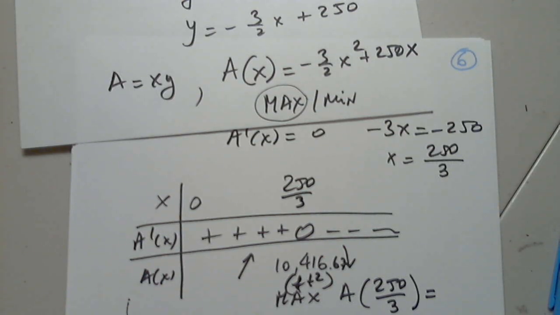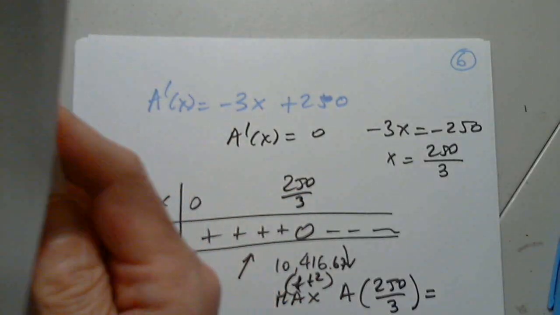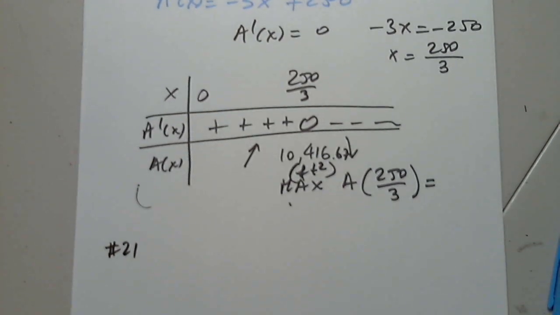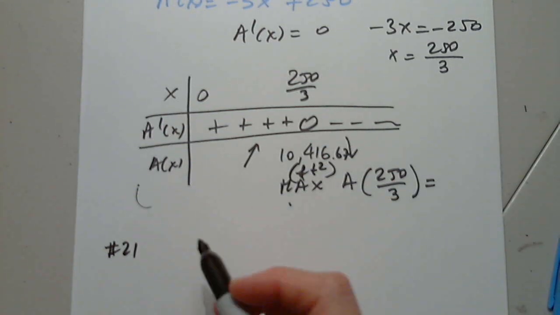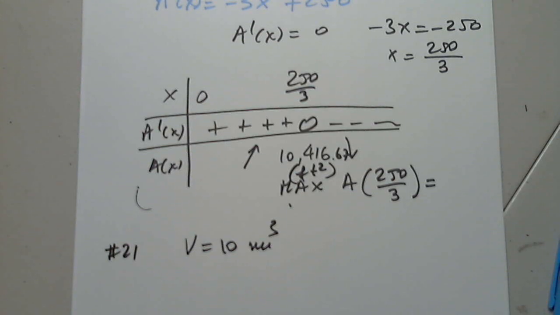A rectangular storage container without a lid is to have a volume of such and such. Okay. So 4, 5, 6. Okay, we're on 6. So let's look at 21. A rectangular storage container without a lid is to have a volume, so the volume equals 10 cubic meters. The length of its base is twice the width.